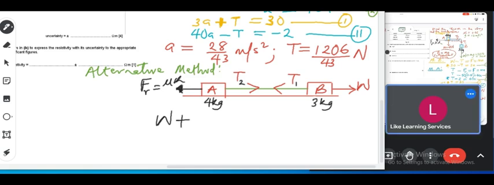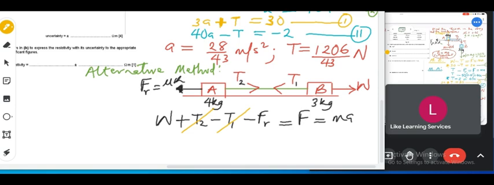Plus T2. All the negative ones, minus T1 minus frictional force, will give us the resultant force F, which is MA, treating all as a unit. So we can just substitute those values. T1 and T2 are the same, so they cross out. We're left with W minus frictional force equal to MA.